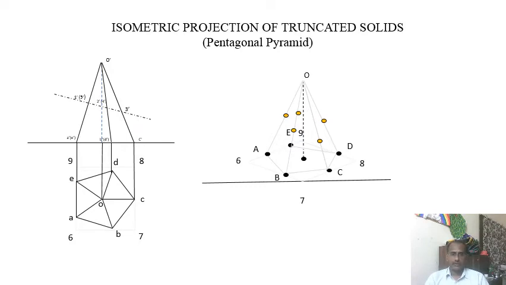Now how to do that? Let's say 1 is on the line OA. Okay, 1 is on line OA. Just drop perpendiculars like this.